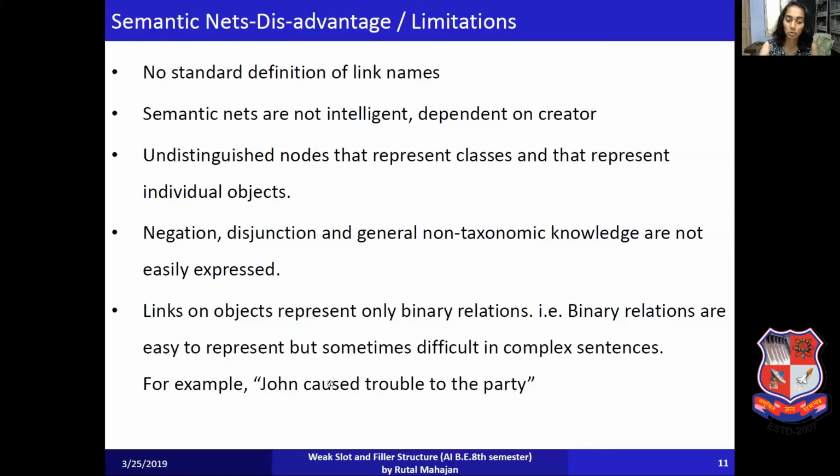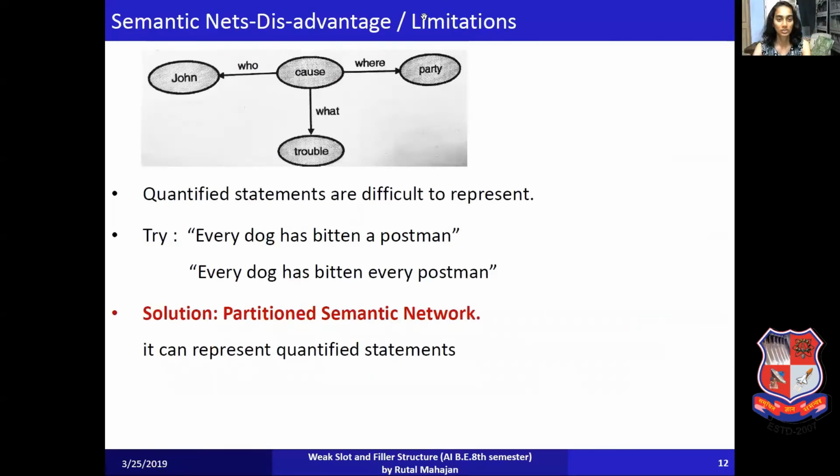So though it is a binary relationship, the trouble between John and party is quite difficult to express. Let's see: cause. Who caused? John. Where? Party. What did it cause? Trouble. So we can see how John and party are related with trouble, but the representation is quite difficult.